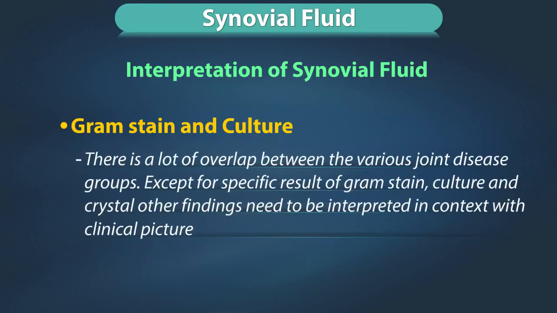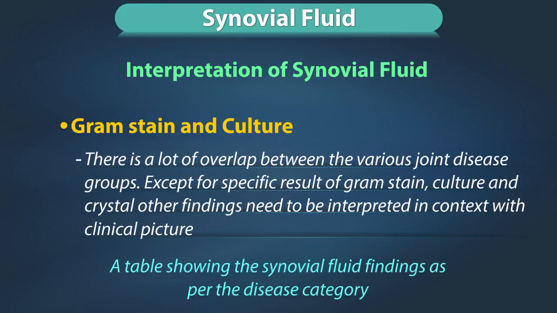There is a lot of overlap between the various joint diseases, except for specific result of gram stain, culture, and crystal. Other findings need to be interpreted in context with the clinical picture. A table showing the synovial fluid findings as per the disease category can be seen on the screen.